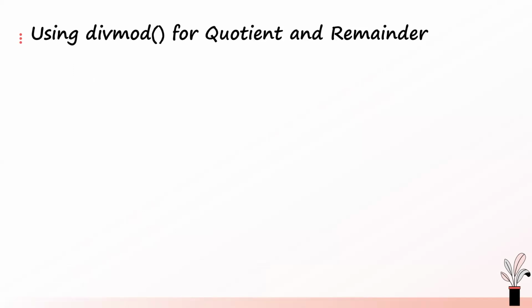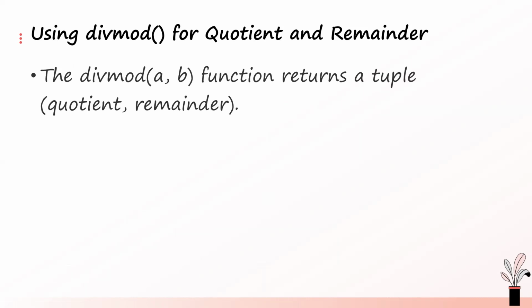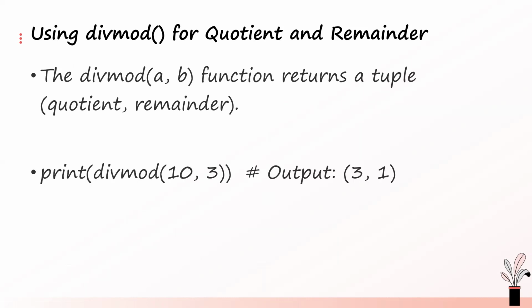Okay, there's another method Python provides. It is called the divmod method. It is a function that returns a tuple, and in this tuple, you get the quotient and the remainder. So let's say we try to divide 10 by 3.